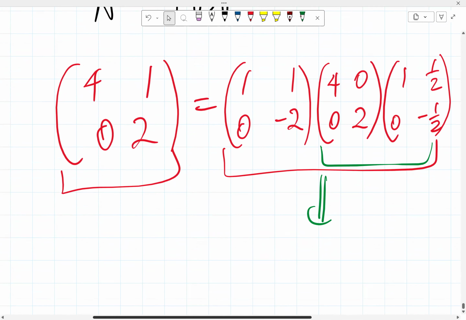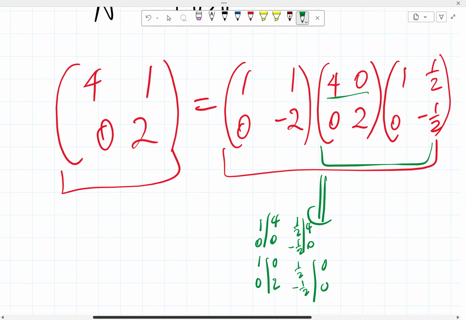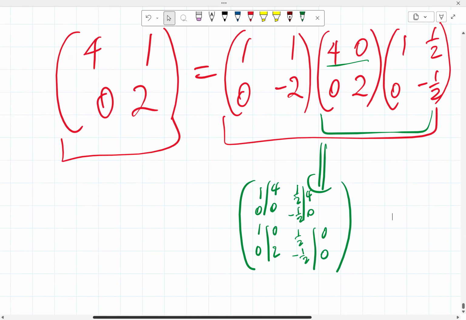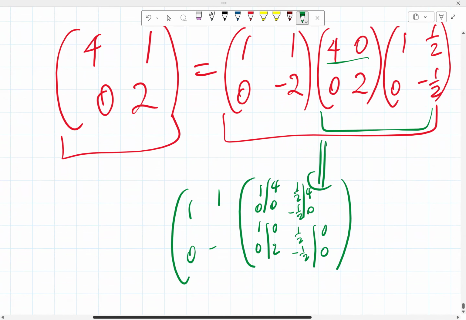So I'll just do the sharp thing. Two rows, right? So I have 1, 0, 1, 0, then half, minus half, half, minus half. I put this 4 0 over this, then down here we have 0 2. And for this other one, we have 1 1, 0 minus 2.